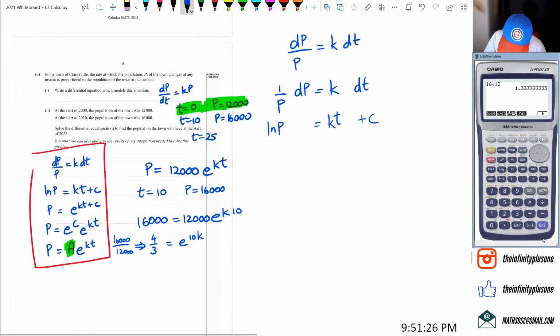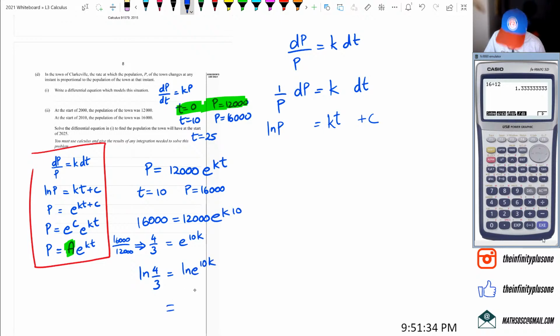Then I take logs of both sides. So ln of 4 over 3 equals ln of e to the power of 10k. When I do ln and e, they just cancel out each other. I've got 10k is equal to ln of 4 over 3, which means k is equal to ln of 4 over 3 divided by 10.